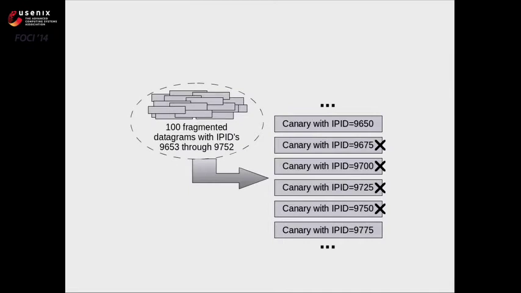Now, depending on the IP IDs in these echo replies that L sends to M, this may or may not knock out some of our canaries. So in this case, we have some staggered canaries in M's fragment cache. We've spoofed 100 echo replies, and we can see that 5 of our canaries have been knocked out because the actual value of the counter was somewhere within the range of the canaries that we tested.